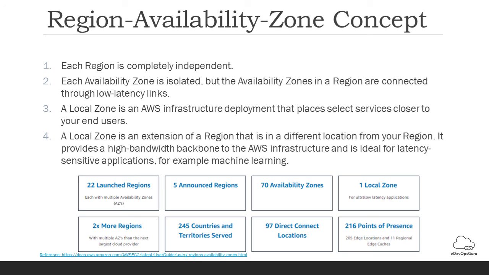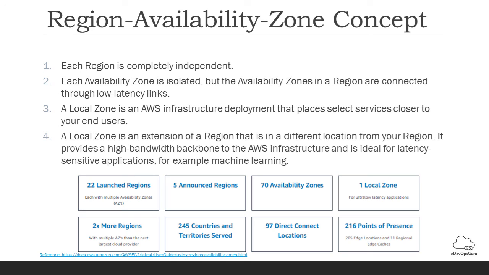AWS is serving 245 countries presently. Each region is completely contained within a single country, and all its data and services stay within the designated region. This helps in achieving the data privacy rules of many countries, which restrict data transfer out of the countries.